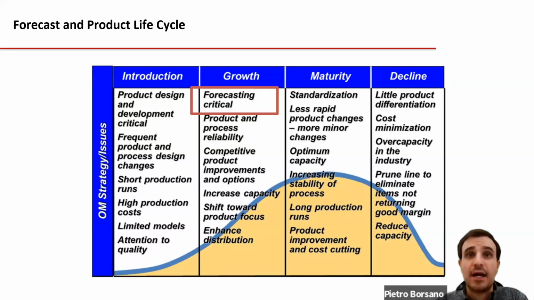And here, complexity and capacity planning are so much more relevant, and thereby we need much more accurate forecasting.